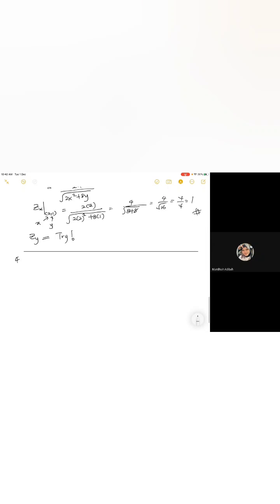Question number 4. Okay, now we are going into higher order. Okay, so higher, tadi tu cuma the first order. First order mean fx or fy. Higher order is fxx, fyy, fxy or fyx. Okay.